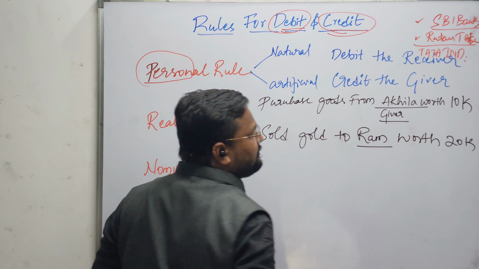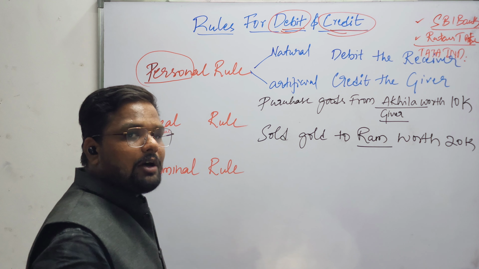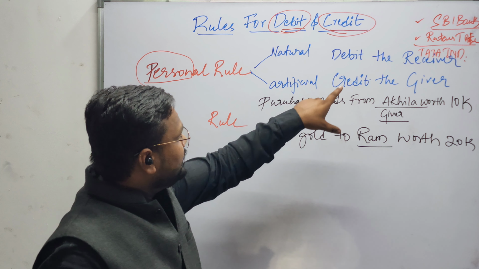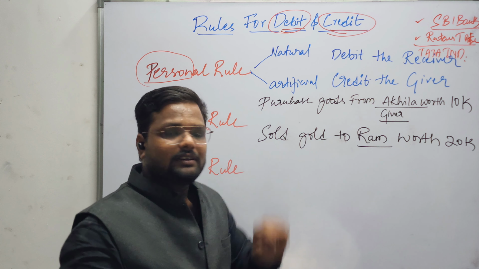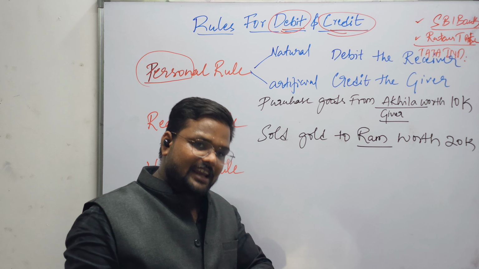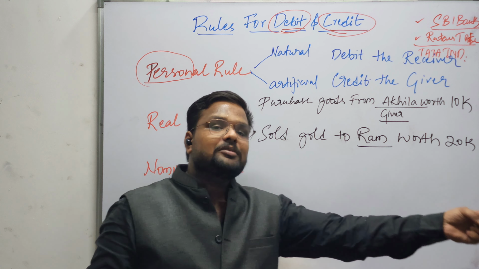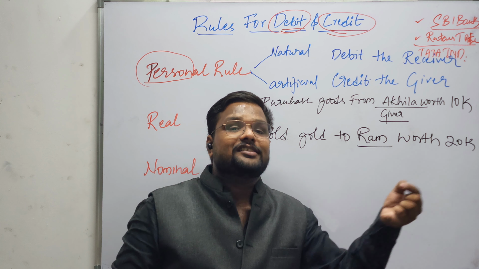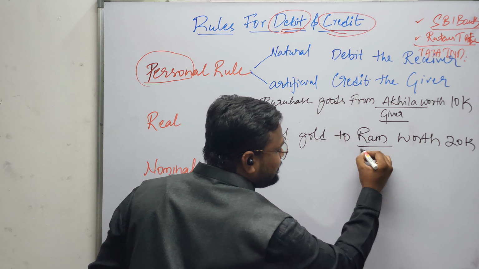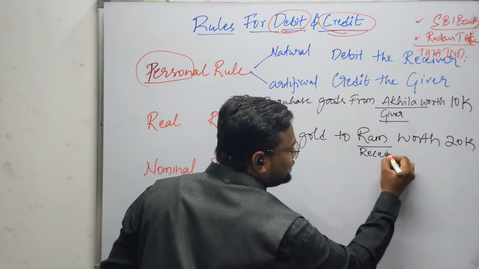Here we have the name Ram. Is Ram the receiver or giver? We are giving the goods, so Ram is in the position of the receiver.